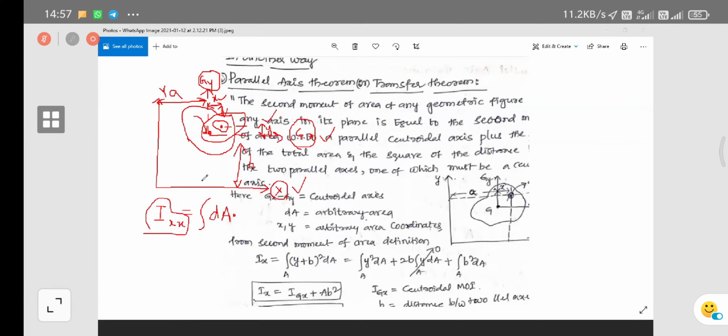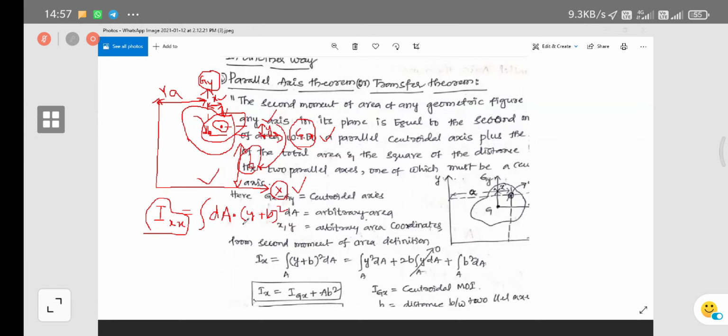This is my base axis, which is parallel to the Gx-axis and maintains b as the distance. So y plus b is the total distance from the x-axis. So y plus b whole square.